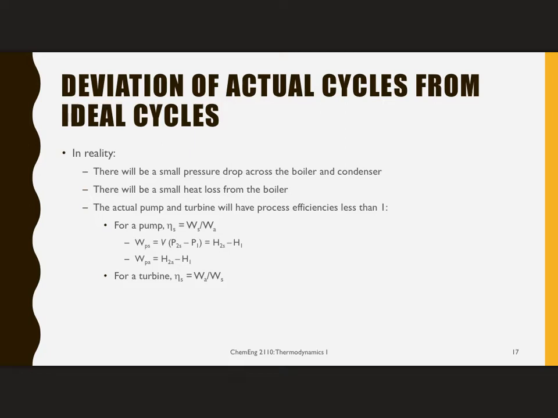Now, because a pump is going to require more work input than what the ideal would predict, the efficiency for a pump is the isentropic work divided by the actual work. The work for the isentropic pump, we've said we can calculate by using V delta P, or negative delta P, and that is H2 ideal minus H1.